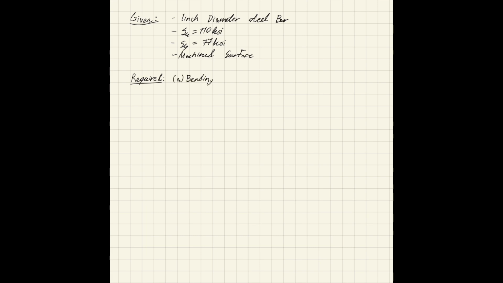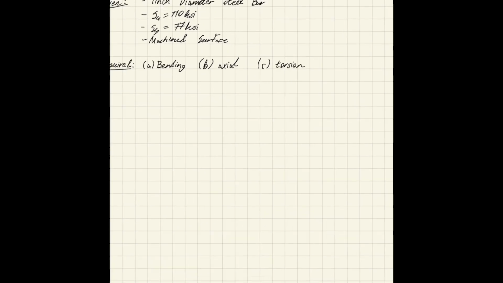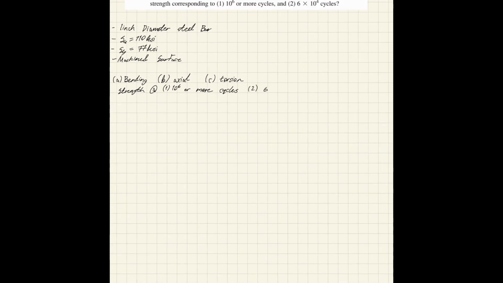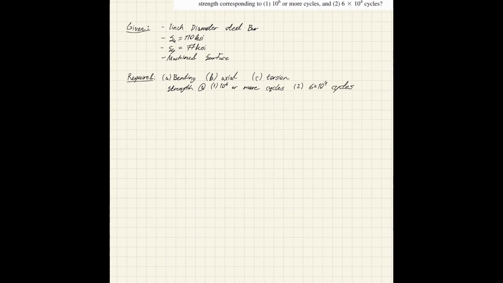We have A, bending load, B, axial load, and C, torsional load. Also required is to find the strength at 10 to the 6 or more cycles, as well as the stress strength at 6 times 10 to the 4 cycles.